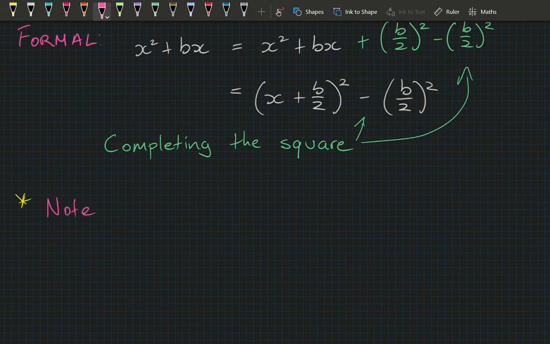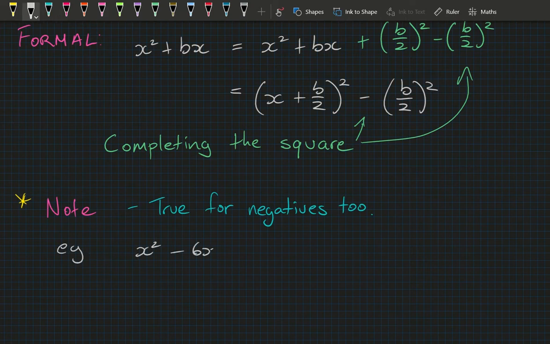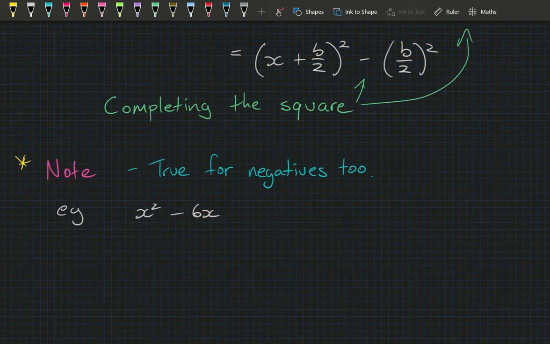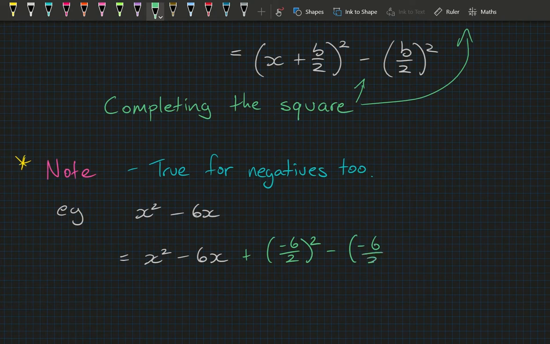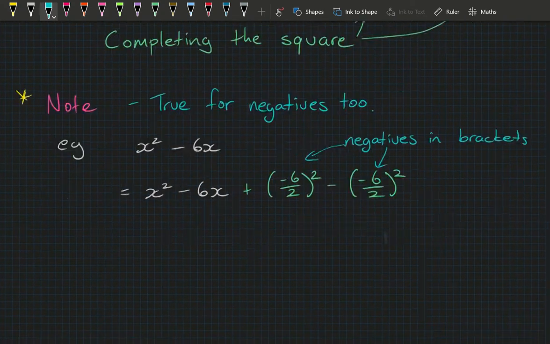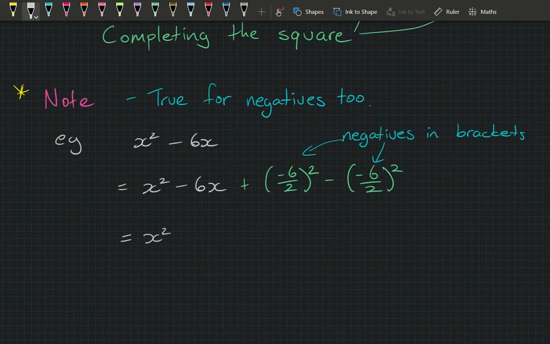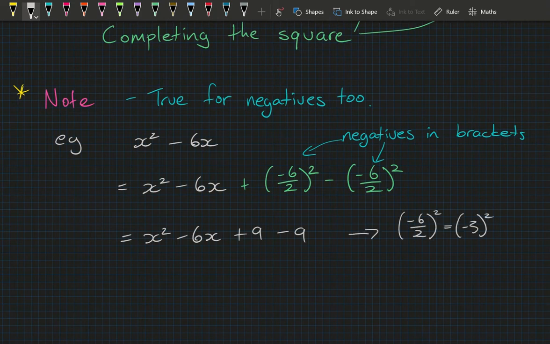Also note that this is true for negatives as well. So for example, x squared minus 6x is equal to x squared minus 6x plus (minus 6 on 2) squared minus (minus 6 on 2) squared. Notice how I've got the negatives in the bracket for the squares. So this means we now have x squared minus 6x plus 9 minus 9, because (minus 6 on 2) all squared is just equal to (minus 3) squared, which is 9.